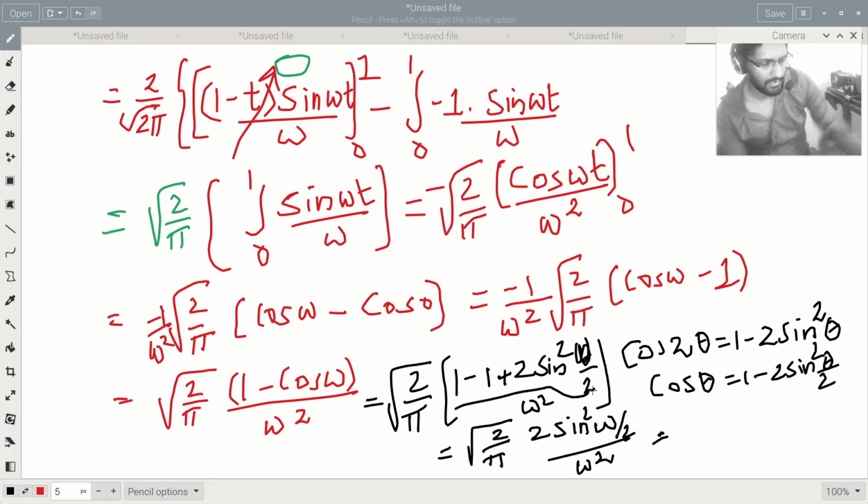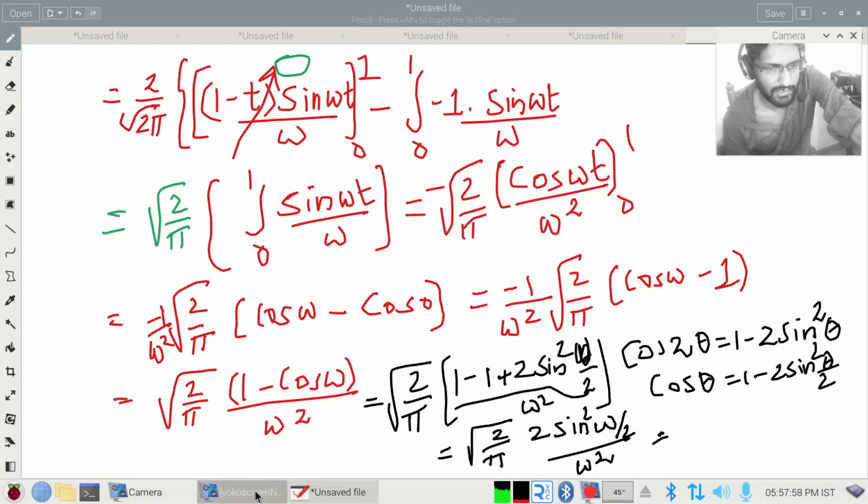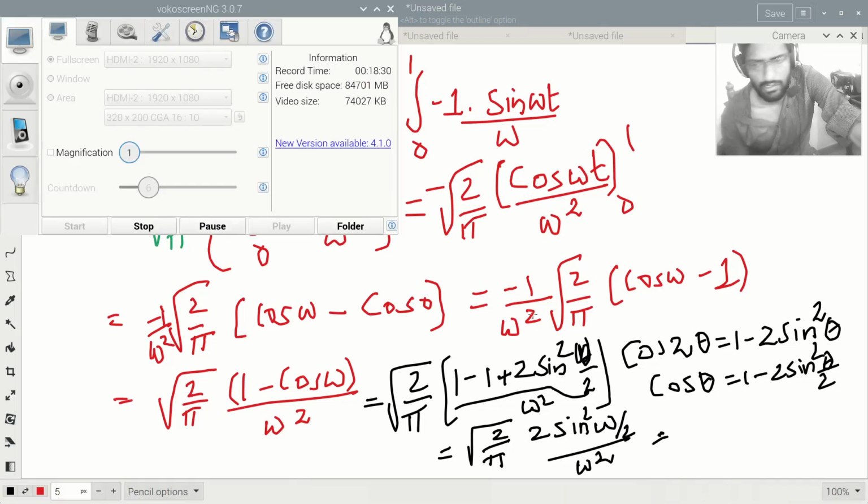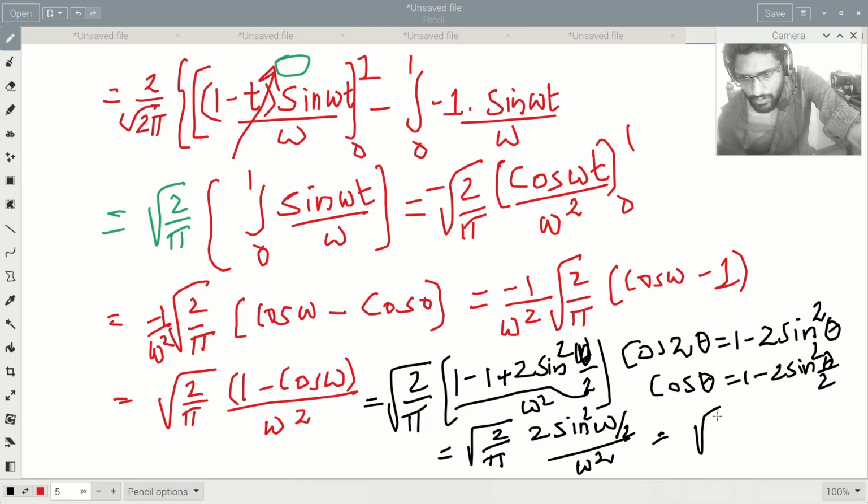Let me check. Okay, just a moment. Okay, I think nothing is wrong. Now we have the answer. This is equal to root 2 by pi into 2 sin square omega by 2 divided by omega square. That is the final answer.